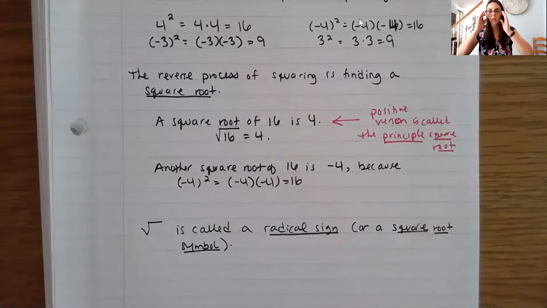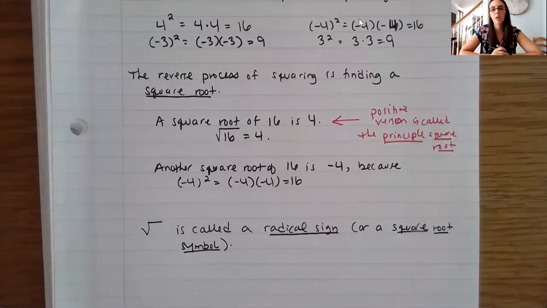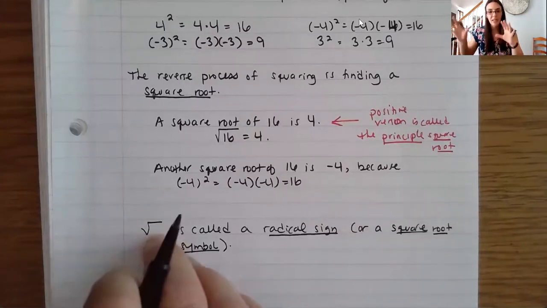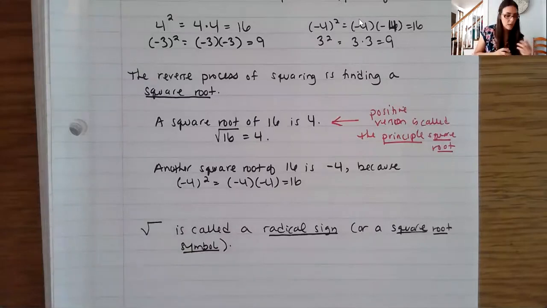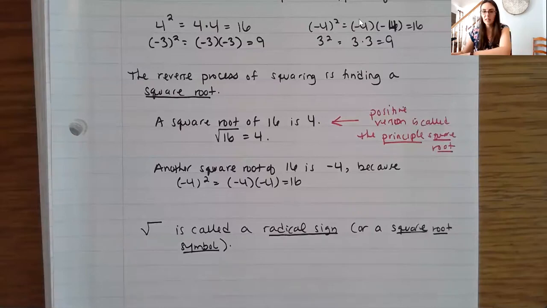You will hear as we go through class and you get into higher level mathematics, usually we'll just say the radical or the root sign. We tend to use the words radical and root interchangeably. They really do represent the same thing in this case. And like I said before, when we're giving an answer, we typically give the positive answer. The only time we would give a negative answer is if the negative was in front. So let's look at some examples.